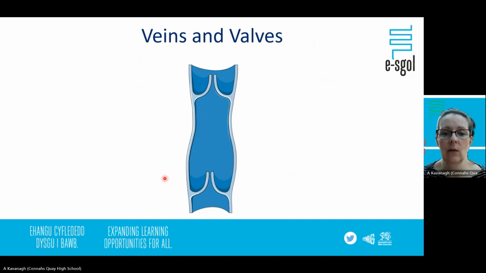And what veins have that makes them very different to the artery are these structures inside them, and they are valves. So as blood is returning to the heart in a vein, it runs through a valve, and these valves act as little gateways to stop the blood from flowing back where it's come from.